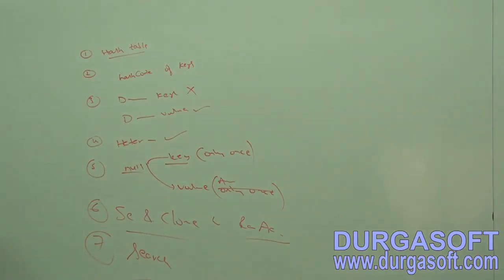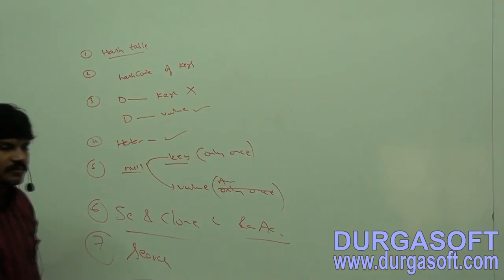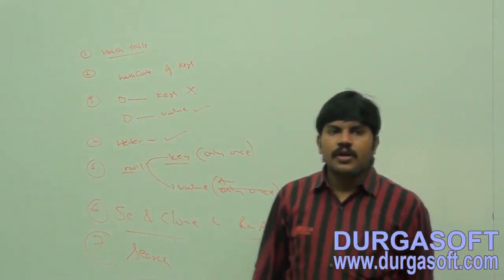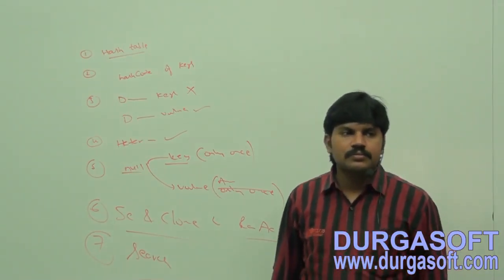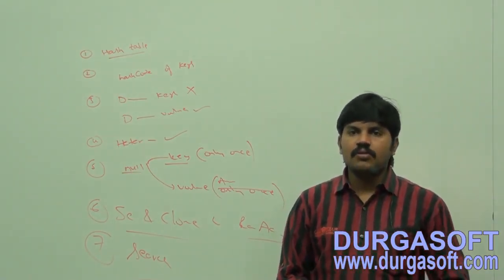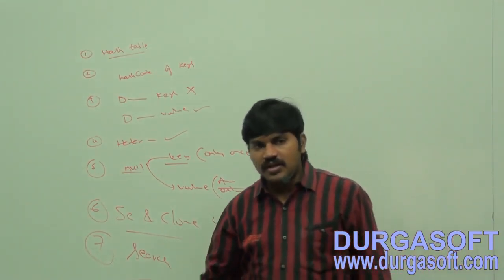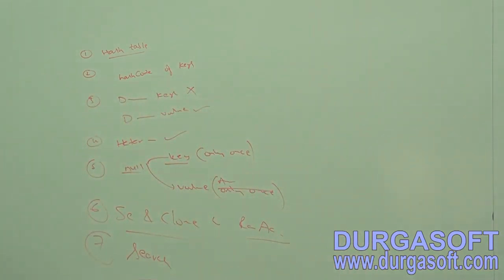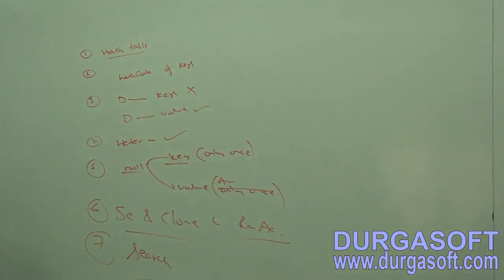Next, heterogeneous objects are allowed for both the key and value.